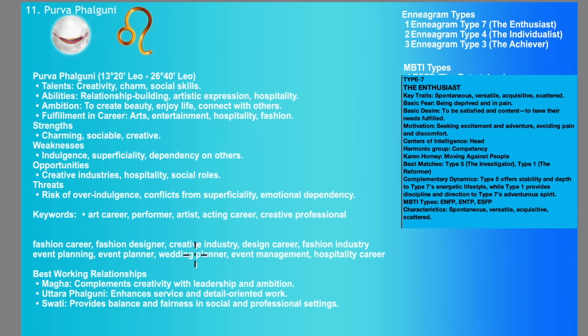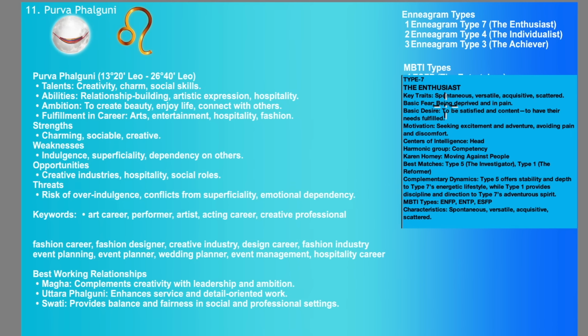So I would say the careers for these would typically be event planning, event planner, wedding planner, event management, that kind of a thing. They don't have much of a role other than a lot of coordination and a lot of people stuff. But since these are moving against people, it would be better in fashion career, fashion designer, and so on. You have to take a call.